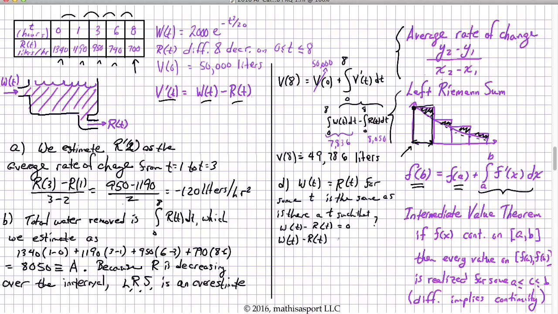Well, w of t minus r of t is continuous by inspection for w of t, and because differentiability implies continuity for r of t.